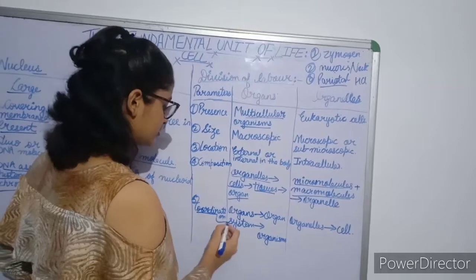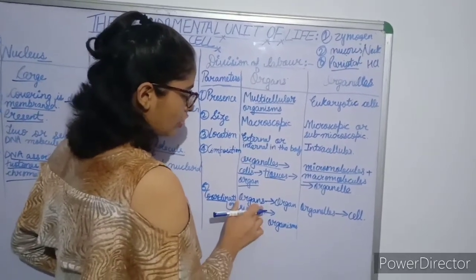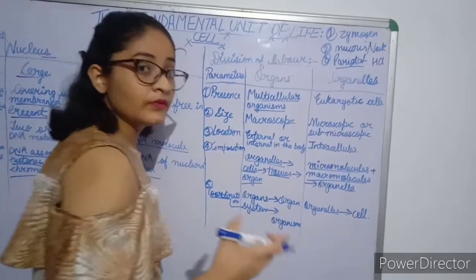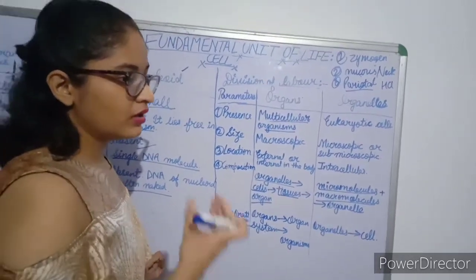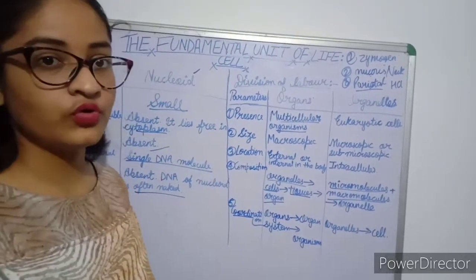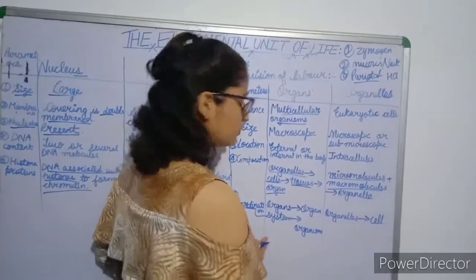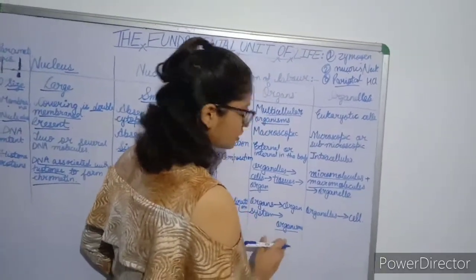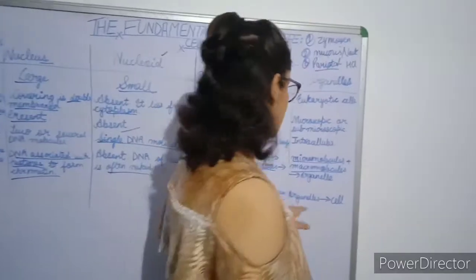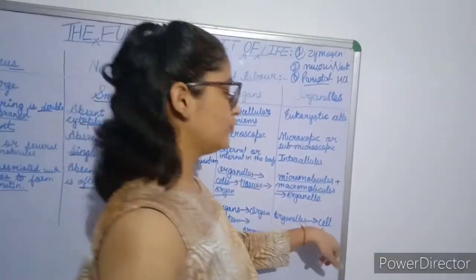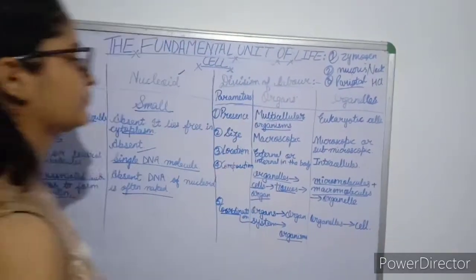And coordination: organs coordinate to form organ systems, like the stomach, the salivary glands in our mouth, the esophagus and many more digestive glands form a digestive system, and organ systems coordinate to form an organism, and the different cell organelles coordinate to form a cell.